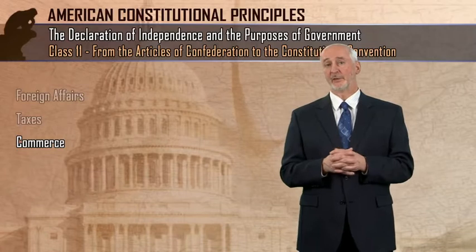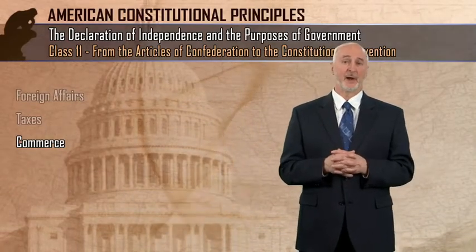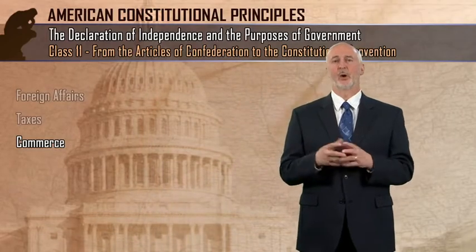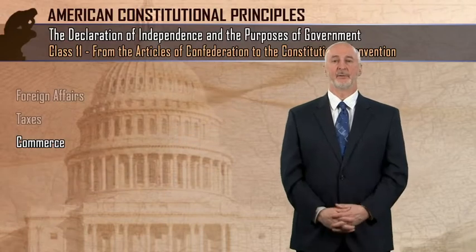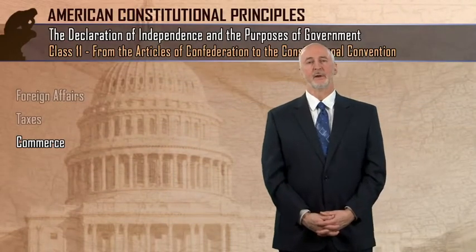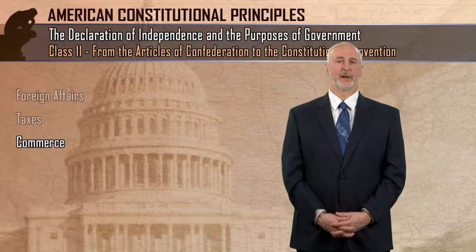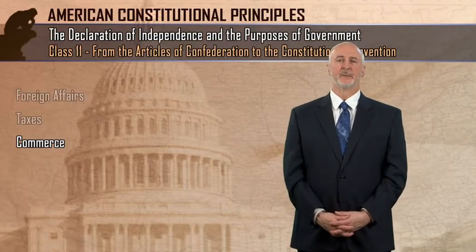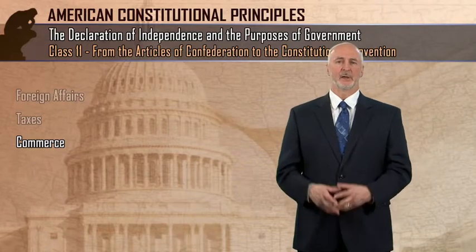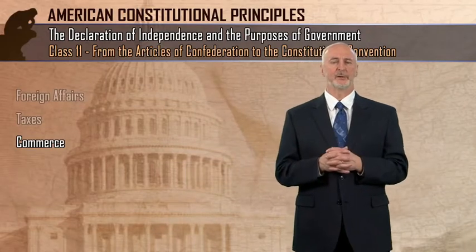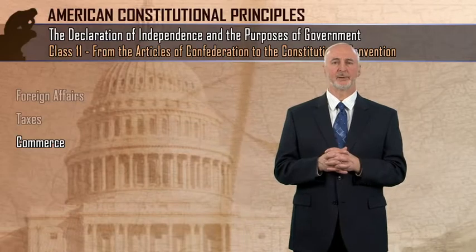But you can also imagine that the other states, New Jersey, Connecticut, whatever, would not be very happy about that. In effect New York was taxing them. And of course, they didn't have any control over that. That's an example of what some of the states might have felt was a kind of taxation without representation. And so the very possibility of this kind of economic warfare among the states was a source of considerable unhappiness.